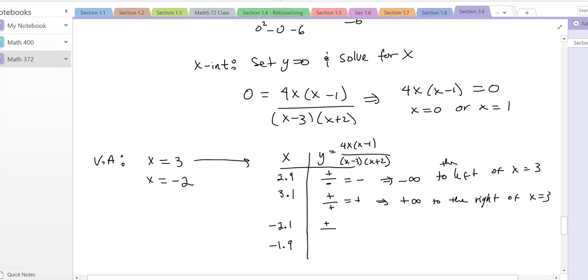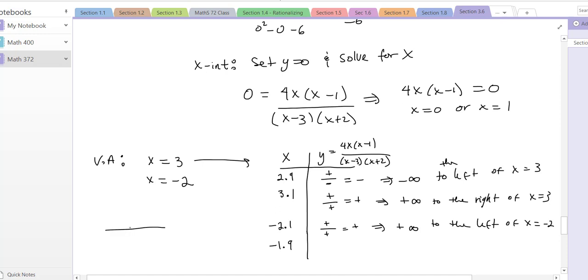And negative 2.1 minus 3 is going to stay negative. And negative 2.1 plus 2 gives me negative 0.1. So I have negative times a negative, which is positive. So that means we're going to positive infinity to the left of x equals negative 2, right?